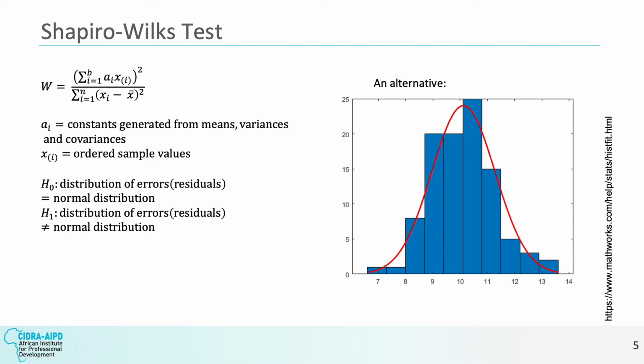Small values of W are indicative that the sample is not normal. If we accept the null hypothesis, then we can assume normality of our error distribution. I would suggest using your favorite statistical program to conduct the Shapiro-Wilk and other tests we will discuss today.